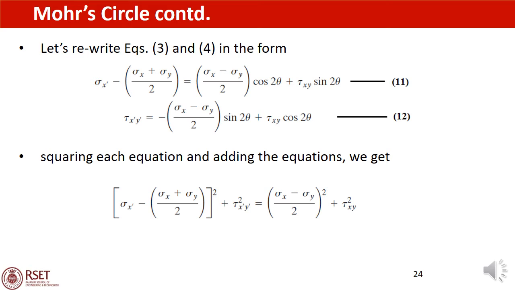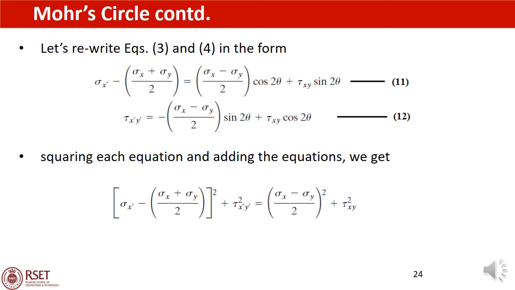Equations 3 and 4 can be rewritten as sigma x dash minus (sigma x plus sigma y) by 2 is equal to ((sigma x minus sigma y) by 2) into cos 2 theta plus tau xy into sin 2 theta, which is called equation 11, and tau x dash y dash is equal to minus of ((sigma x minus sigma y) by 2) into sin 2 theta plus tau xy into cos 2 theta, which is called equation 12.